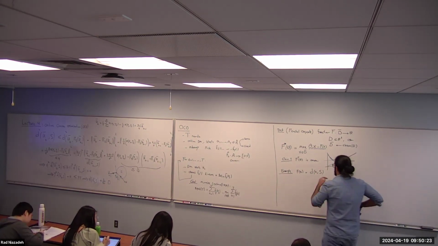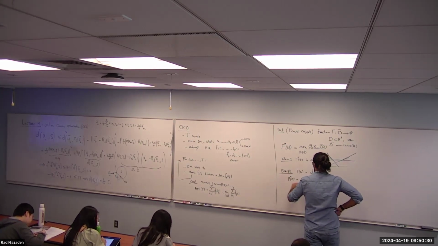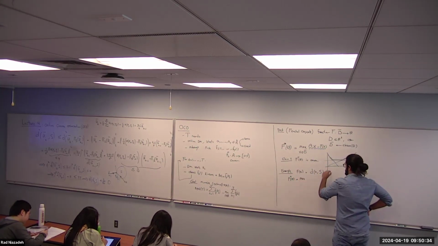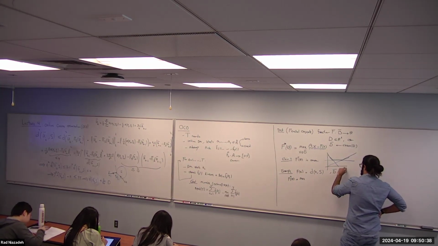Right? So now, what would be the conjugate function? The f star of theta would be the max over... Oh, and what is D bar? I just say D bar is R^d.